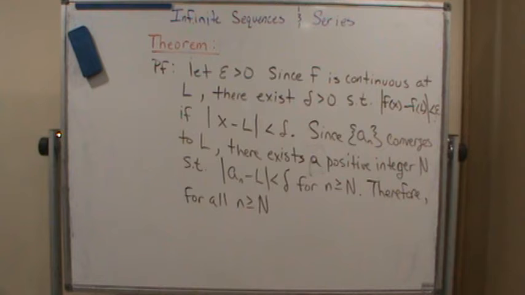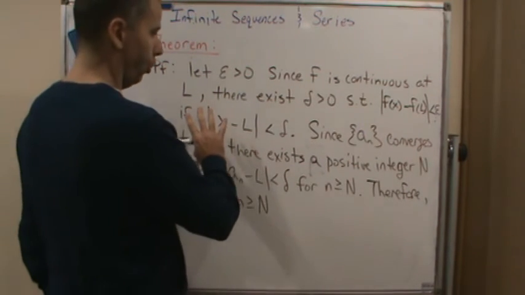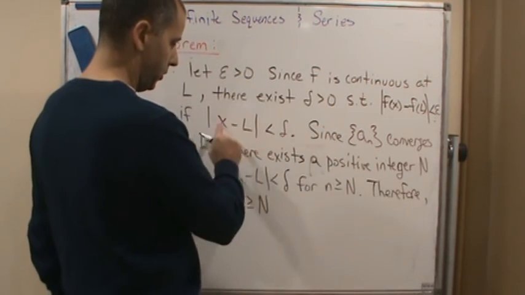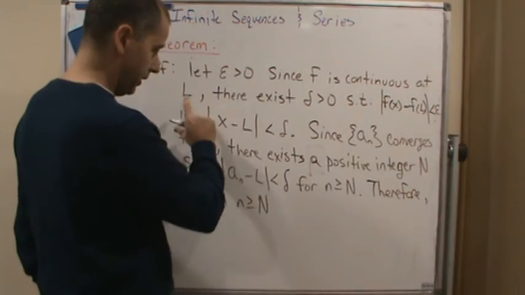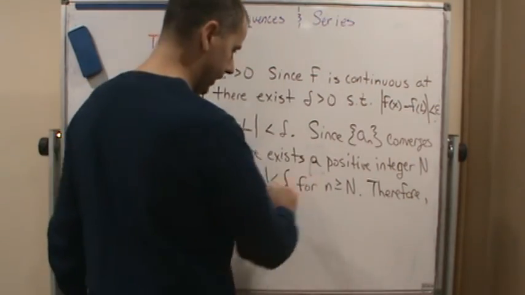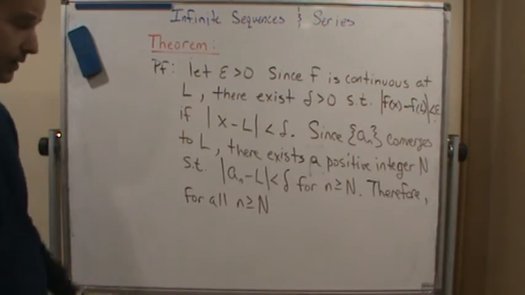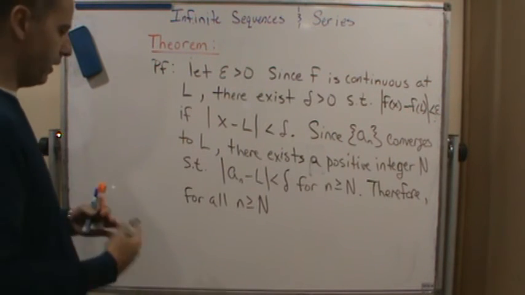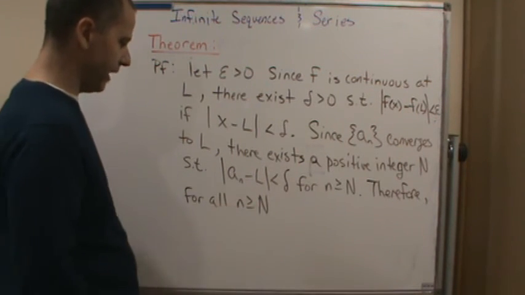Well, now we're going to go backwards. We used our assumptions to conclude this, and now we're going backwards. If we know this is true by definition, then for all n greater than N, guess what?